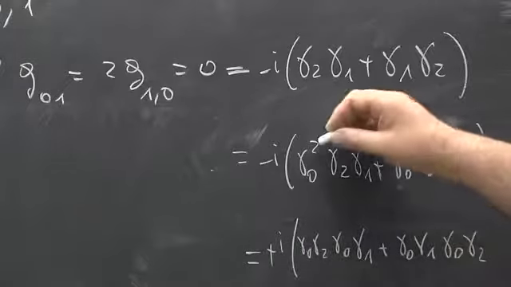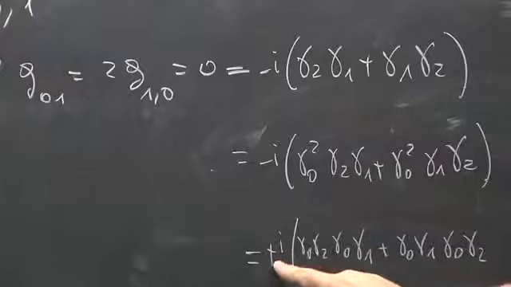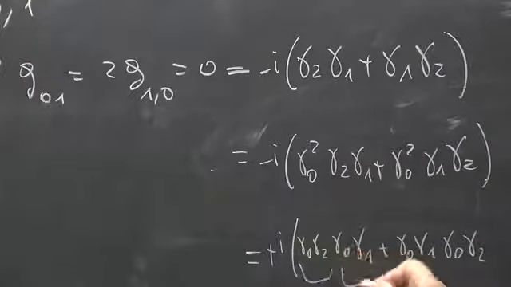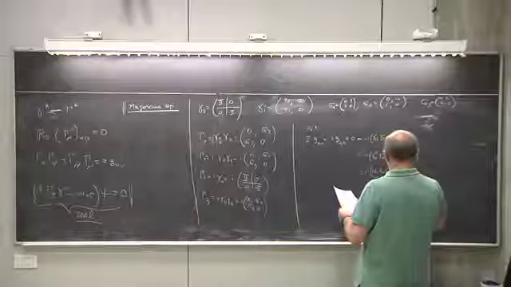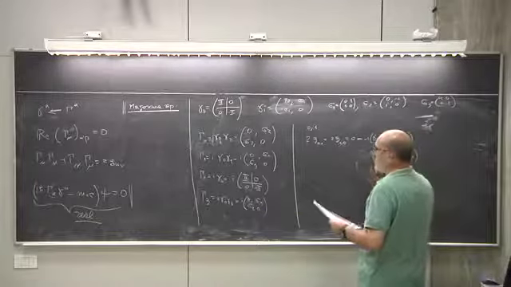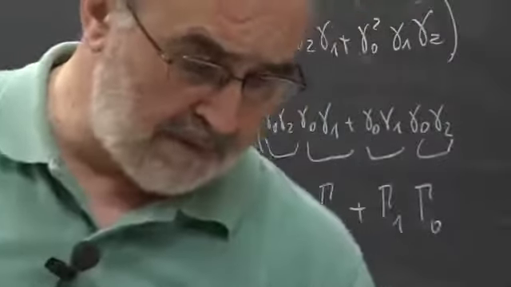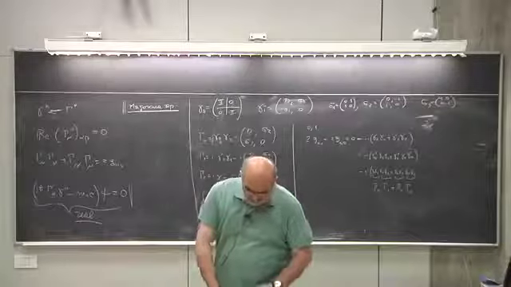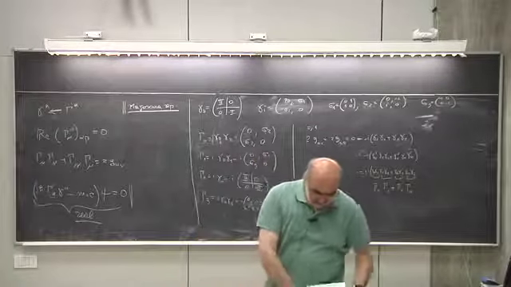So I have brought one of the gamma 0 in between, and I change sign, so I get this. But now these are the Majorana things, so this one is gamma 0, and this one is gamma 1 plus gamma 1, gamma 0. So it satisfies the right relation. And we can continue in this manner. In the book you will find some of them.